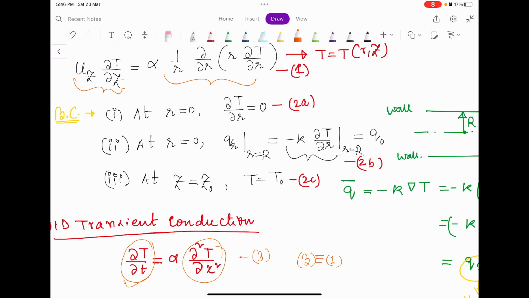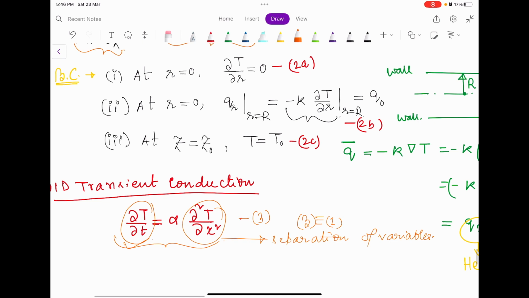Now this problem can be solved by a mathematical technique called separation of variables. But there are some more conditions that should be satisfied for a problem to be qualified for being solved by separation of variables.